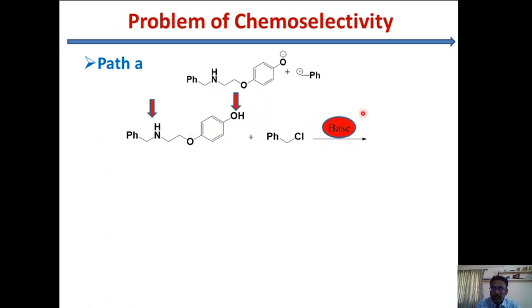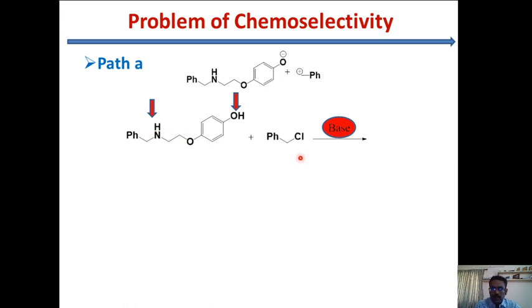Okay, so if you treat this molecule with the base, then the base will remove the proton from the two sides. Then you cannot get only one product, your target molecule, because your expectation is this has to undergo the nucleophilic substitution with this molecule. Okay, but since you have two acidic protons, the base will remove the two protons simultaneously, so you don't get only this target molecule.